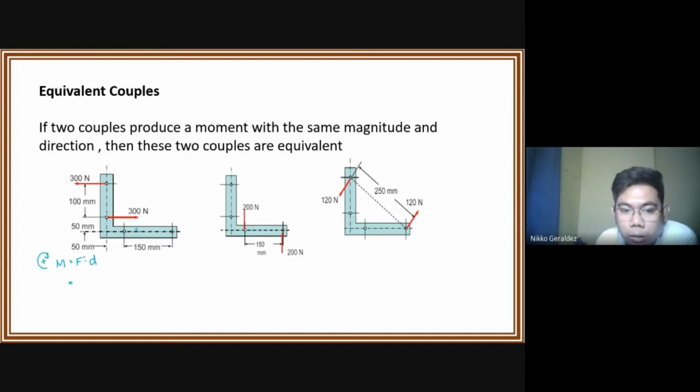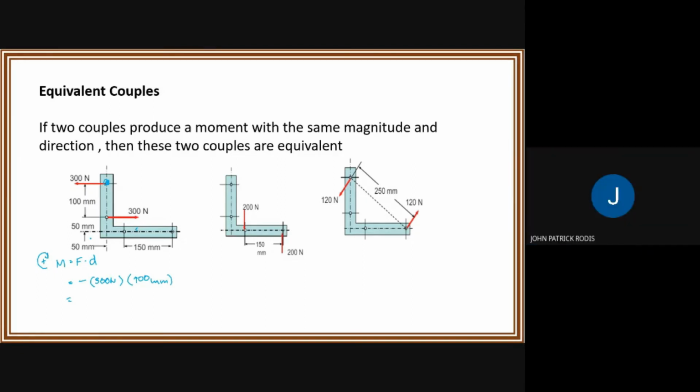Di ba, mag-moment ka at this point. 300, counterclockwise, so negative 300 Newton times perpendicular distance, 100 mm. So, ilan? 300 times 100, 30,000 Newton millimeter.